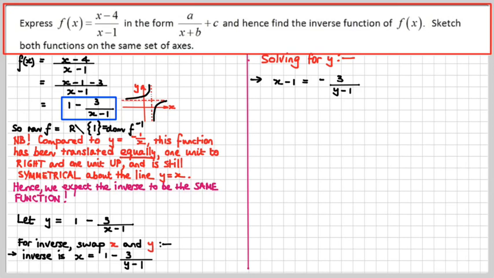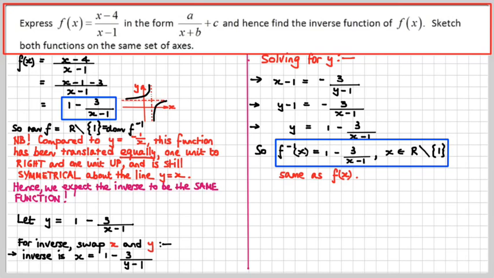Now if you multiply both sides by y minus 1 and then divide both sides by x minus 1, you can do the whole thing in one fell swoop like that, basically, but that's what you've done. I've just done 2 steps in one, which if you can see, if you add 1 to both sides, you get that. And that is exactly the same. I told you that's exactly the same as the original.